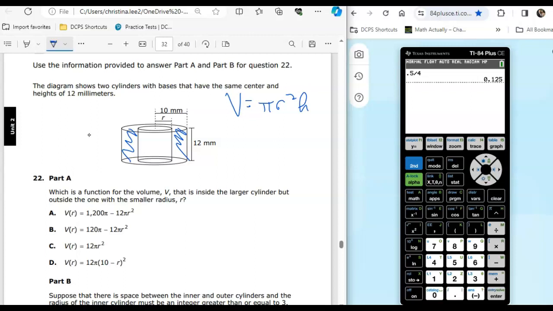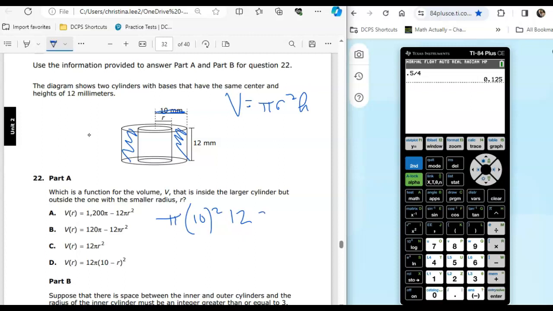Okay, so for the volume of the larger cylinder, we have a radius of 10 here. So that's going to be pi times 10 squared times the height, 12. That's the radius of the outer circle. The radius of the inner cylinder, rather, is the same height, so it's also going to be times 12, but we don't know what the radius is, right?